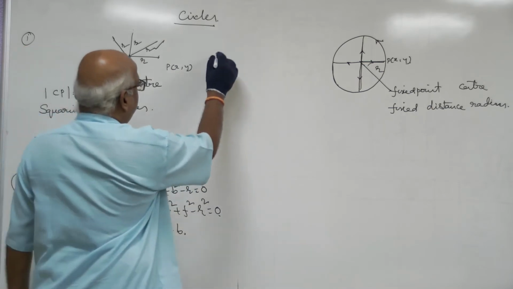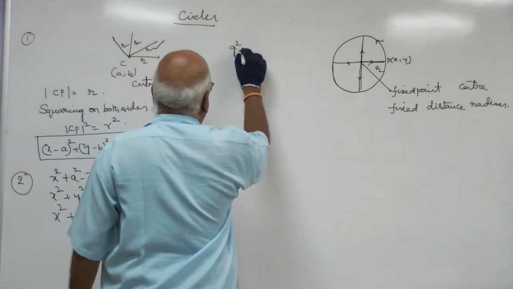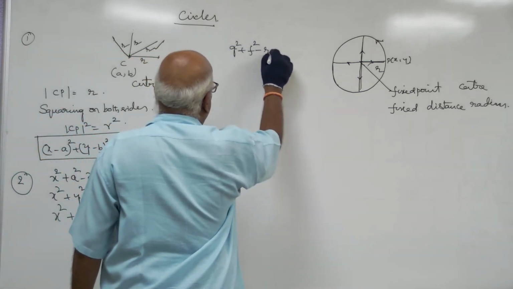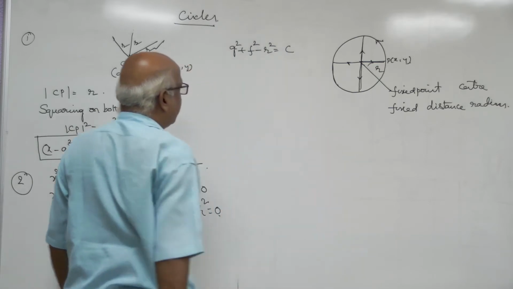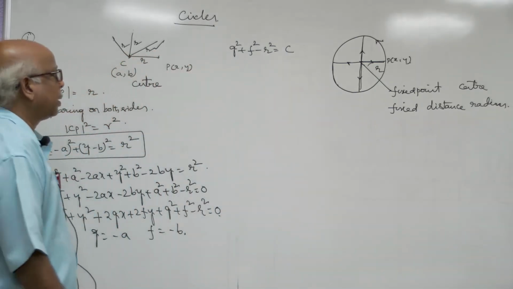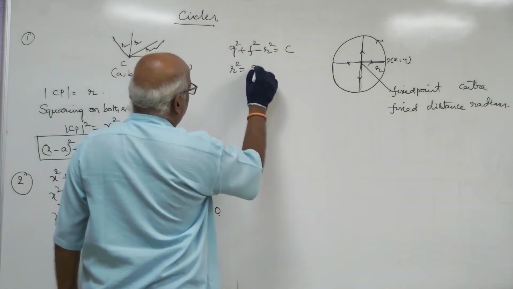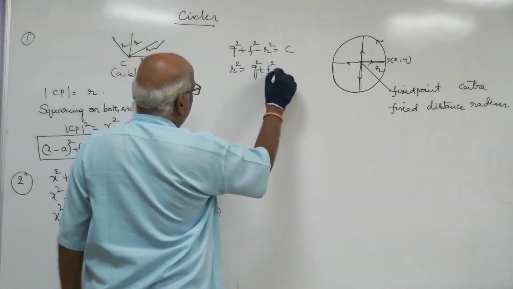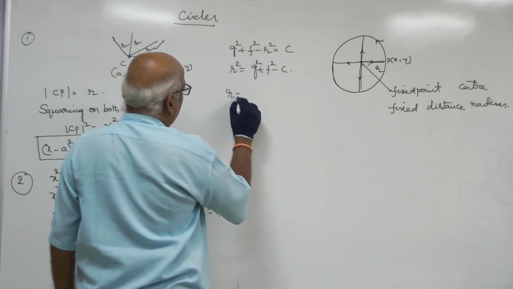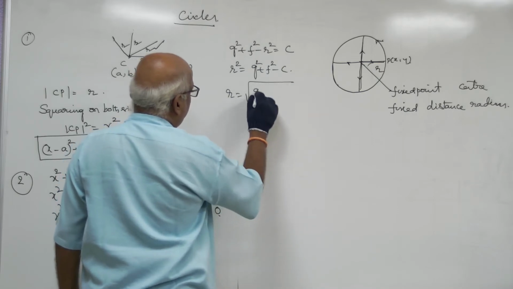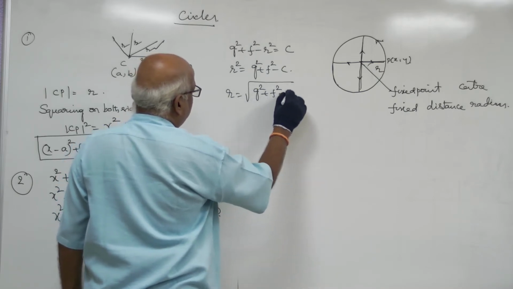Here, g square plus f square minus r square is again a constant. I will name that one as c. So from this, r square equals g square plus f square minus c, and r equals the root of g square plus f square minus c.